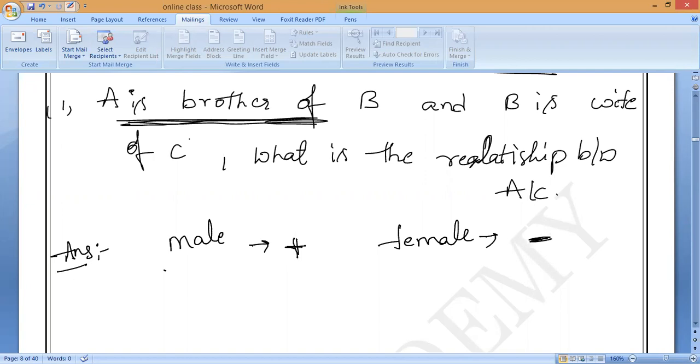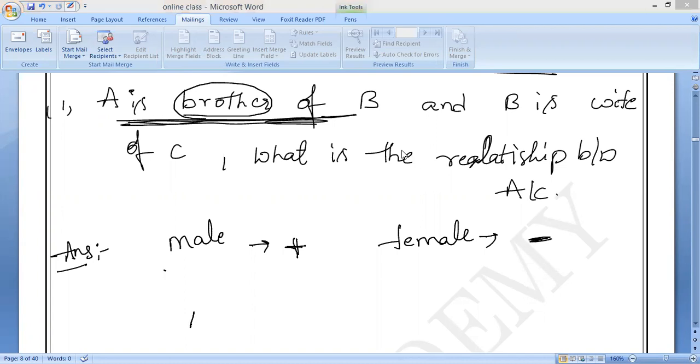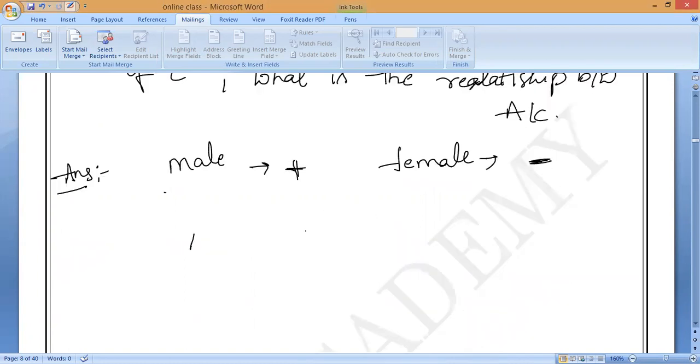A is brother of B. What is the sibling symbol? Pranav, what is the symbol for brother? Everybody should speak. Last class madam taught you. Male is plus, female is minus.